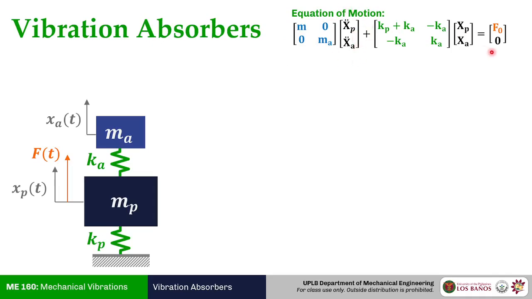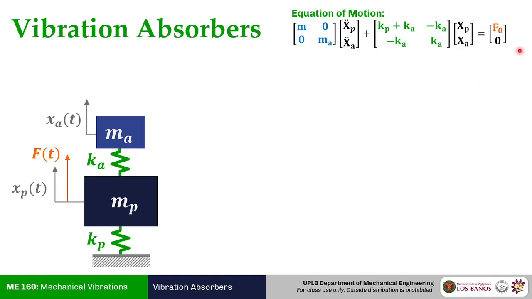Since we are looking at a condition of forced response, our greatest interest is in the steady state amplitudes. So this one is the steady state amplitude of the acceleration, and this displacement vector is the steady state amplitudes of the primary system and the absorber. This is our stiffness matrix as well, and this is our forcing matrix.